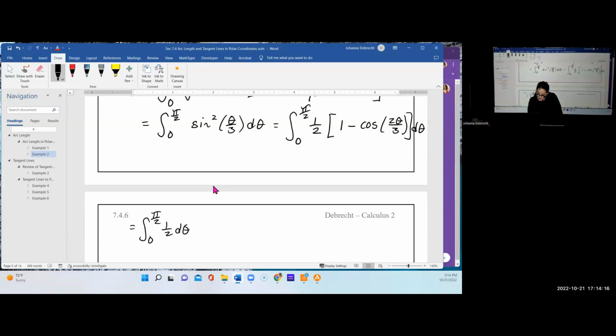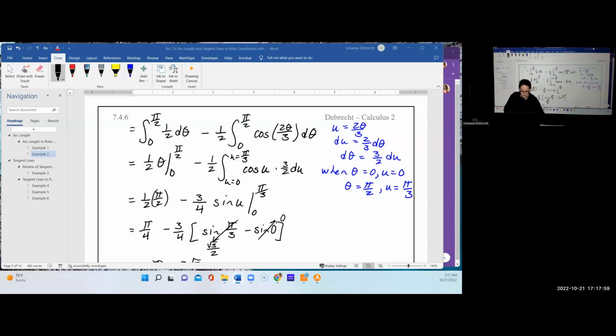And the second one is going to give me a minus 1/2 times the integral from 0 to pi over 2 of cosine of 2 theta over 3 d theta. And this, of course, becomes another u substitution integration problem, which I'm sure you can figure out. So go ahead and pause the video, work out the math, and then turn the video back on and let's compare our answers.